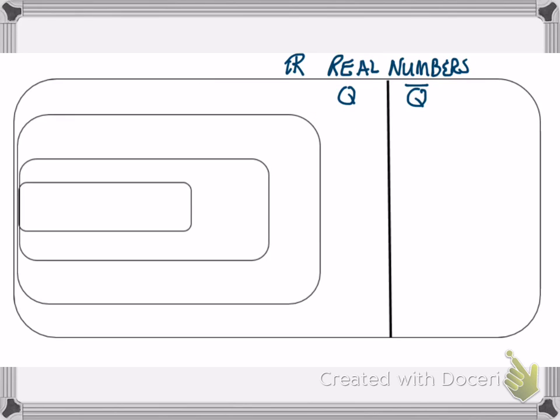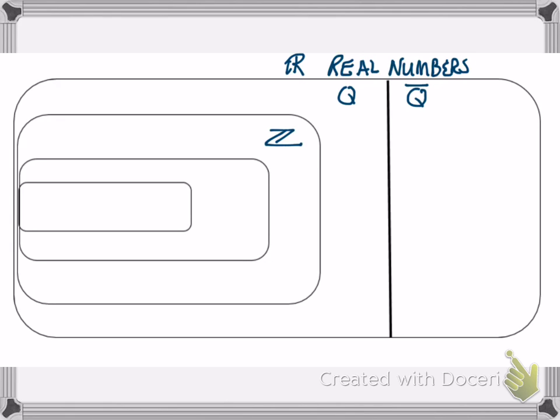But if it doesn't, then it can move into an inner circle here, the integers. Remember, the integers are whole numbers and their opposites, so no fraction or decimal parts in there, but you do have negative values in there.